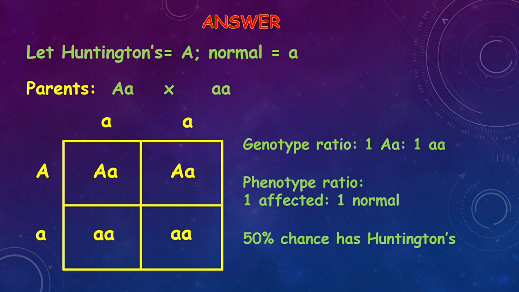A lot of the times recessive is the one that people like to focus on, but they do throw in dominant disorders just to throw you off every now and then. So just remember, with a dominant disorder, you only have to have one of them to be affected. Obviously, if it was capital A, then yes, you will have this particular disorder. But if you're heterozygous in a dominant disorder, you will be inheriting this disorder.